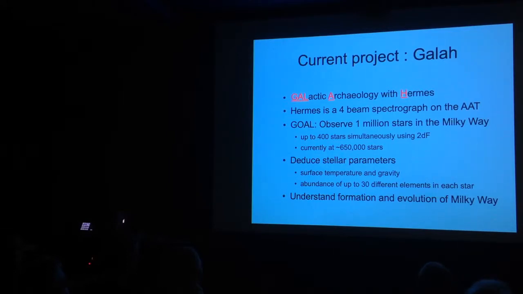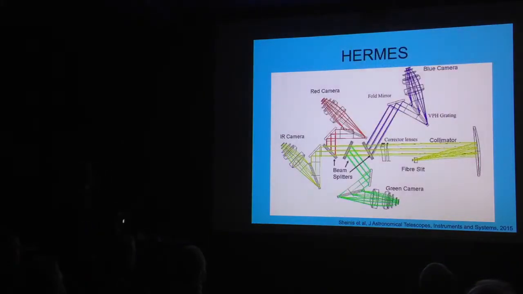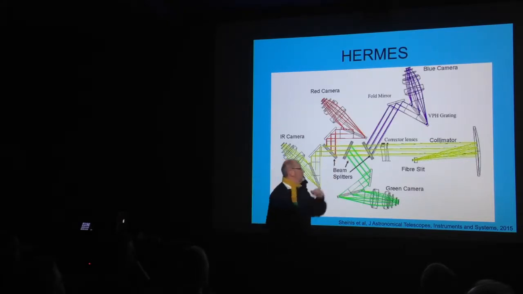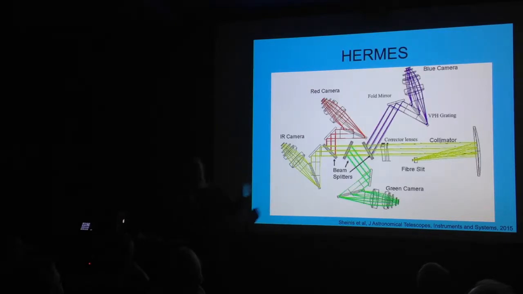And the way this was done was with HERMES, and HERMES was a spectrograph which was explicitly designed for this particular project. So it has a blue and a green and a red and a yellowish camera to do 4 pass bands of about 100 angstrom, about 10 or 12 nanometers each.